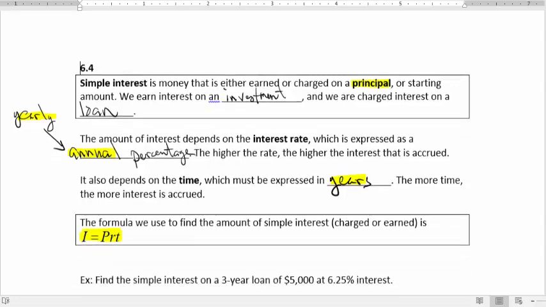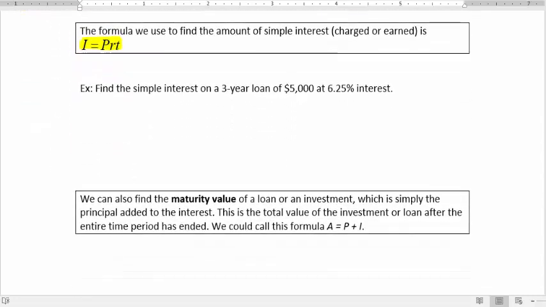So now we can use this formula. A simple example: find the simple interest on a 3-year loan of $5,000 at 6.25% interest. Just like with the percent problems, where we would always go back to A equals P times B, here we should always go to I equals PRT and just identify what's what.